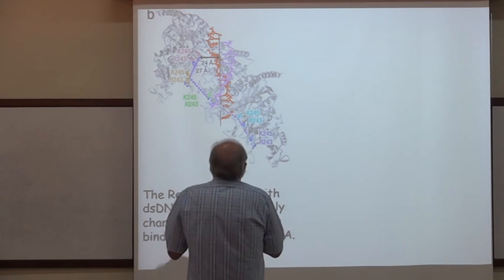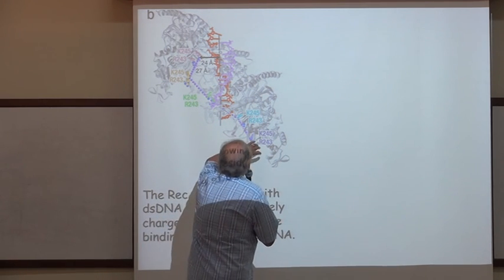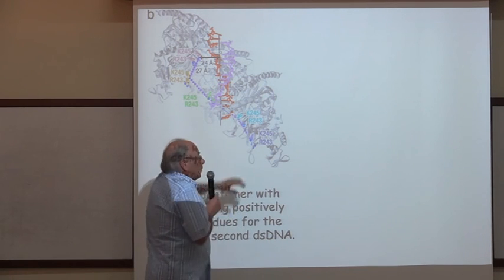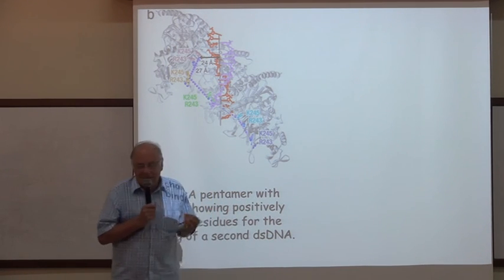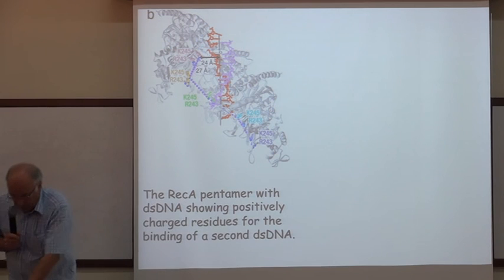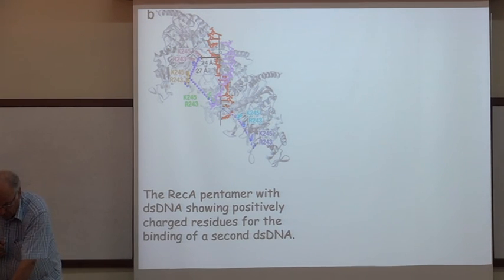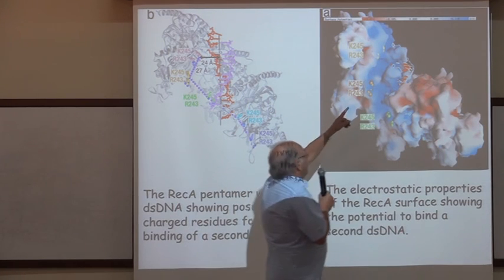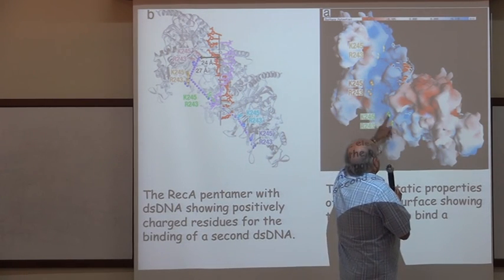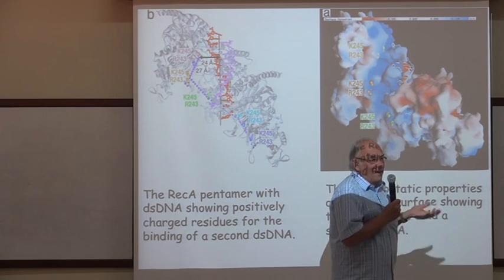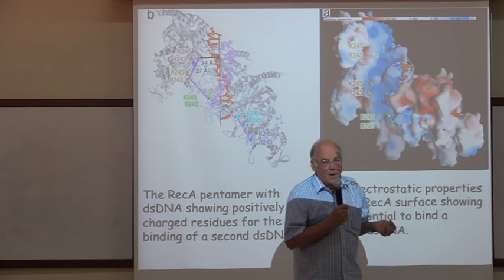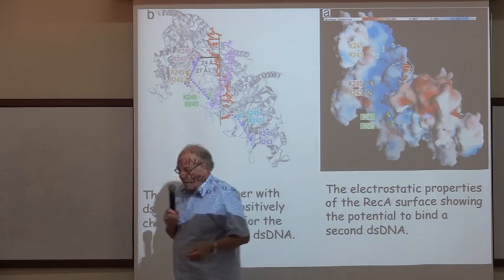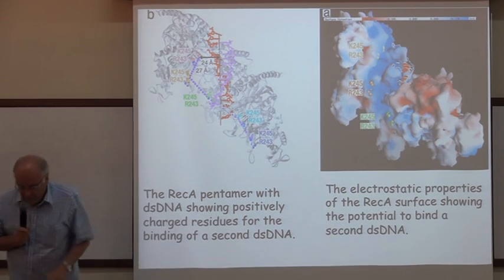So here is then the missing information about where the other strand of DNA would be bound, but it has not been observed directly yet. So here you see the positively charged bits on the structure here, which would be very inviting to bind the different strand of DNA.